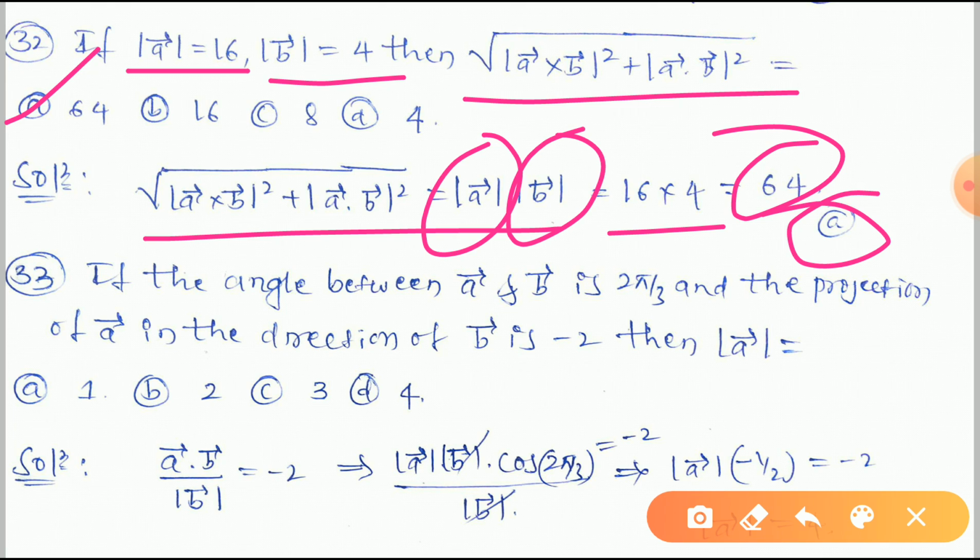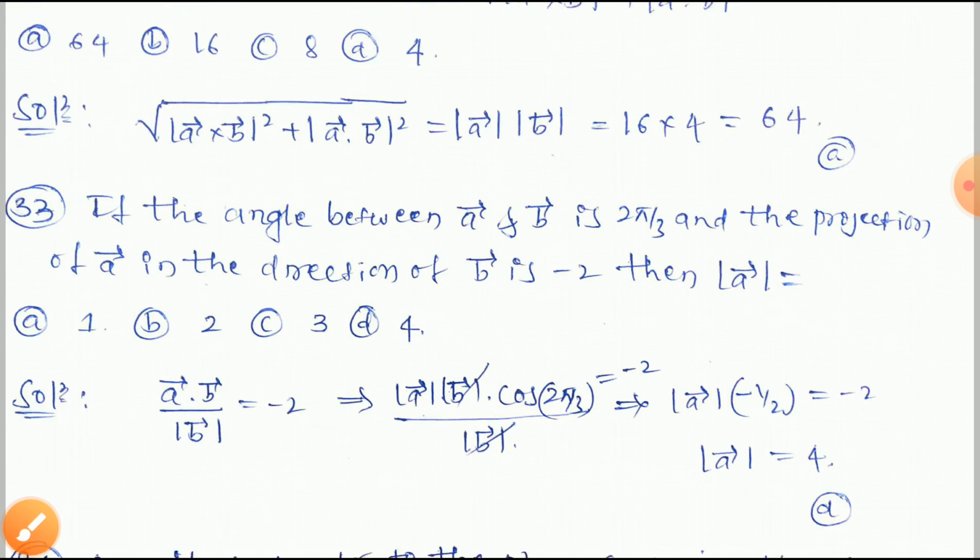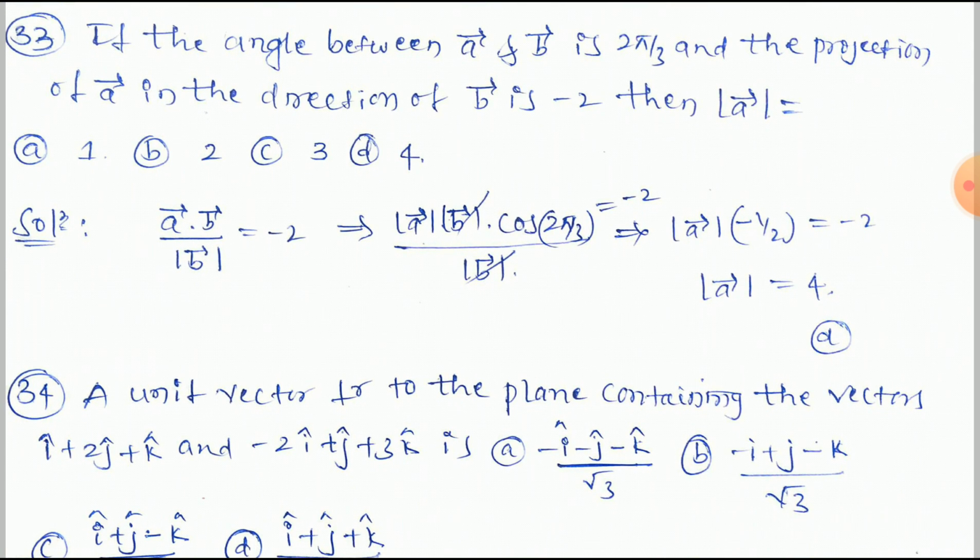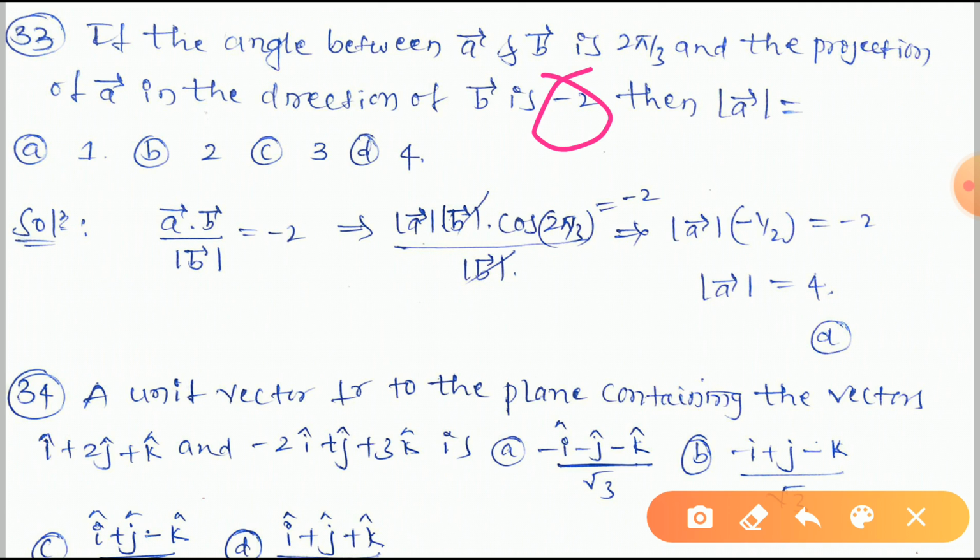Okay, next question number 33. If the angle between vector A and vector B is 2 pi by 3 and the projection of A in the direction of vector B is minus 2, then magnitude of vector A is equal to, the options are 1, 2, 3, 4.